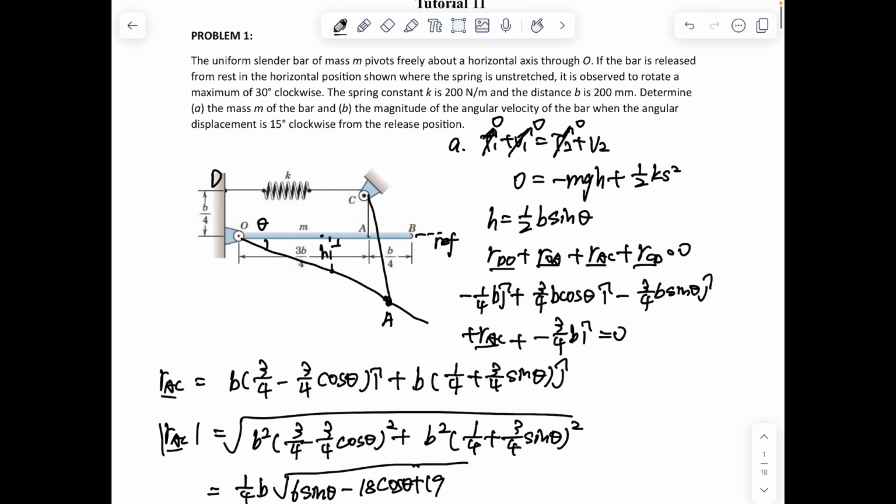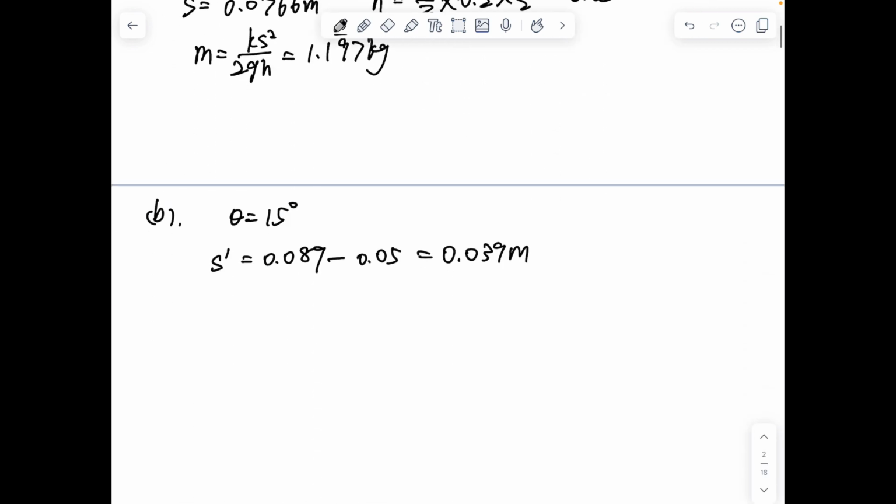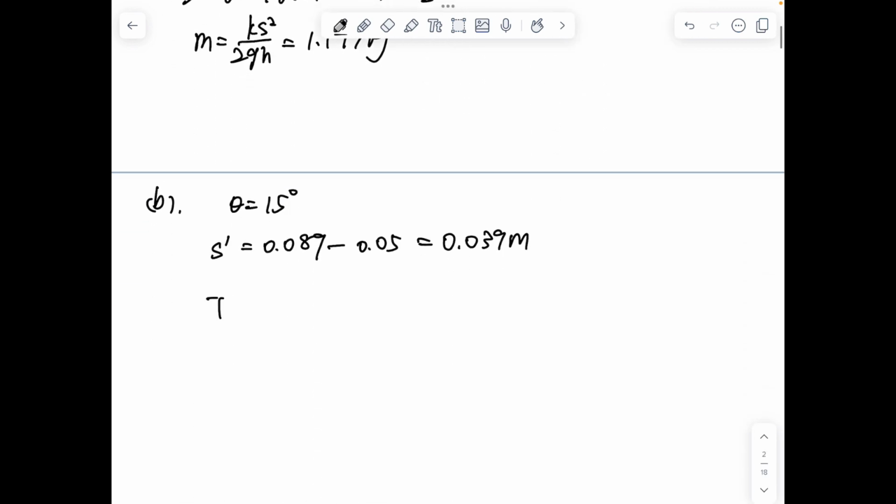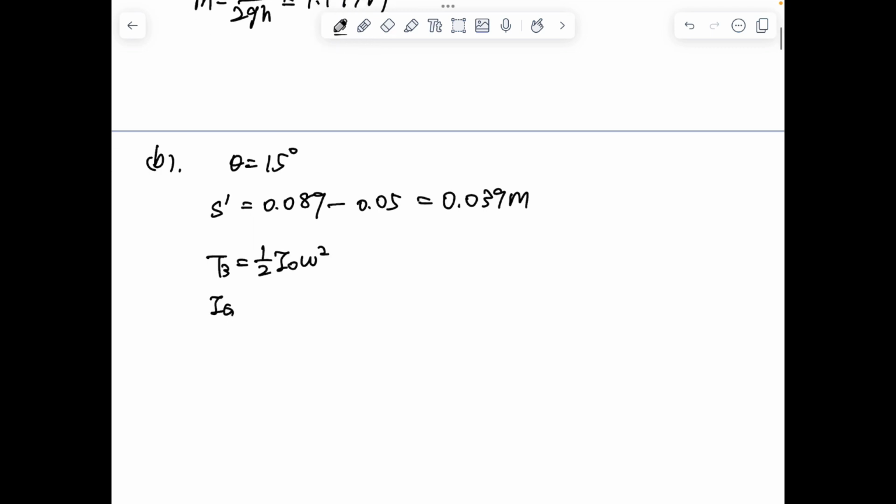The difference right here is that when the bar is 15 degrees clockwise, it still has velocity. So T3 right here will not be 0. Then we have T3 is equal to 1 over 2 IO omega squared. IG is equal to 1 over 12 MB squared.